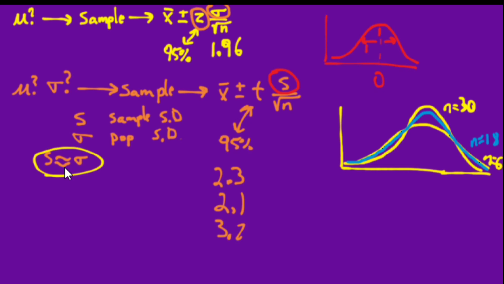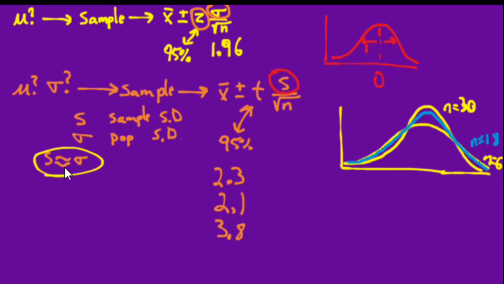It could be 3.8 on a small sample size. As the sample size gets higher and higher, it's going to get closer and closer to that 1.96. In fact, once you have a sample size of roughly over 200, the T distribution looks almost identical to the Z distribution.